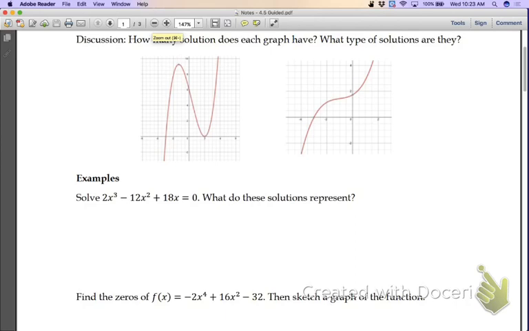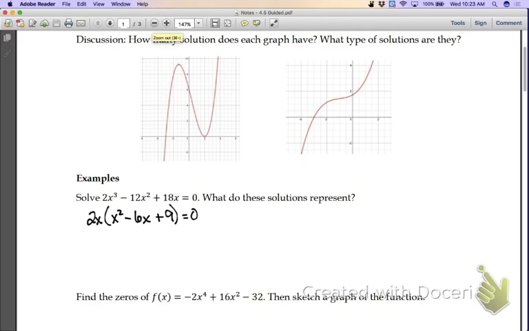So what can I factor out of 2x to the third minus 12x squared plus 18x? 2x, right? So if I factor out a 2x, then I have x squared minus 6x plus 9, equal to 0.